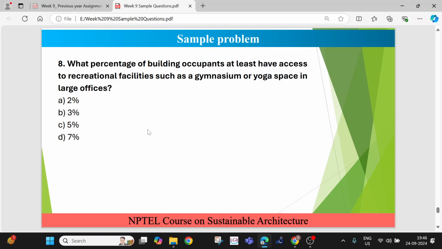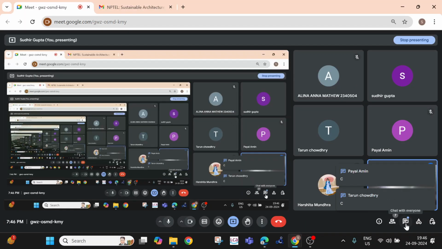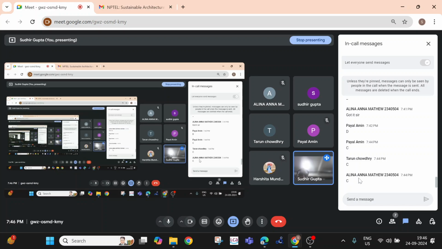Similarly, you try to answer: what percentage of the building occupants should at least have access to recreational facilities such as gyms or yoga spaces in a large office? 5%. 5% is the right answer, and Tarun and Payal have also already answered in the chat box.